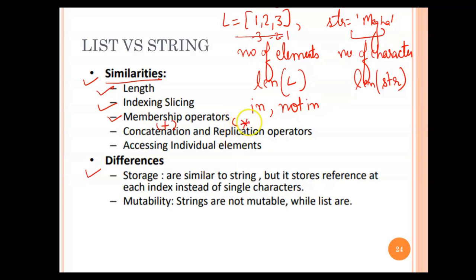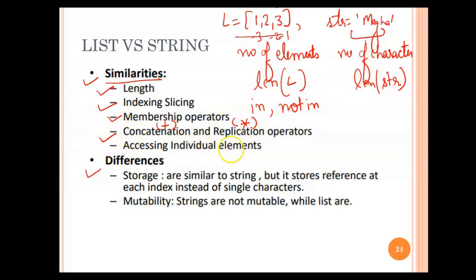So they both are common to list and string. In the case of a list, concatenation is going to add the elements of both lists. Even the same will work in a string also. Two strings will be added or concatenated with the help of the concat operator. And replication is going to repeat the elements, whether of a list or a string.